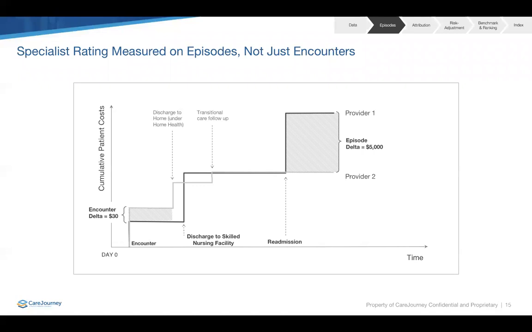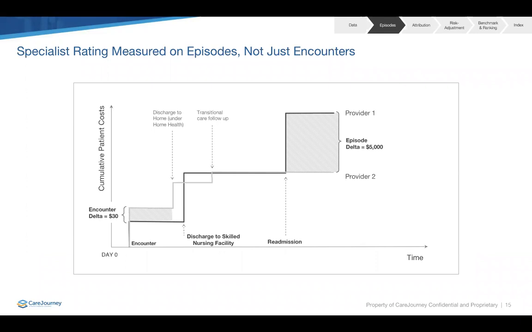The premise is that for specialist ratings, it is critical to associate longitudinal episode profiles in order to associate high or low value, at least as to the relationship of cost. Here you can see a simple example. The individual encounters that have been made publicly available since 2014 give you some perspective about in-office billings for any individual physician.